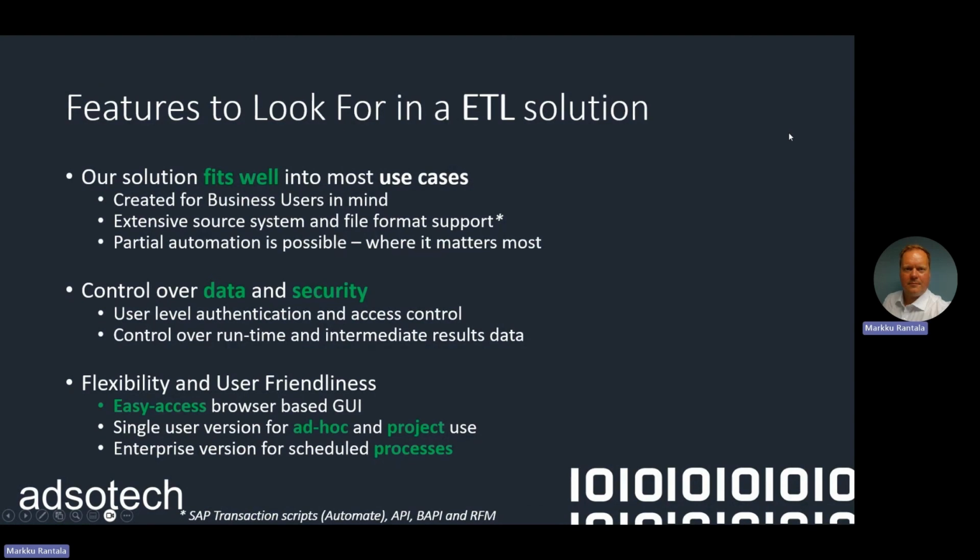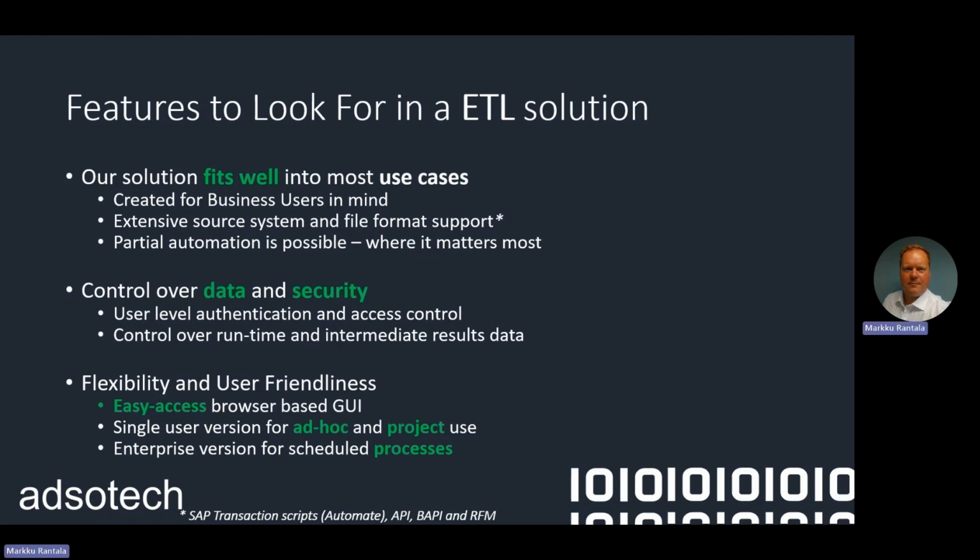Features to look for in an ETL solution. First, flexibility and user friendliness. It needs to be business user friendly, so you can actually use it and maintain it. Also, it needs to have enterprise features when we are automating processes.